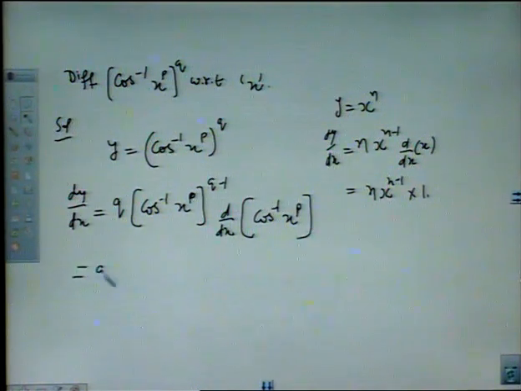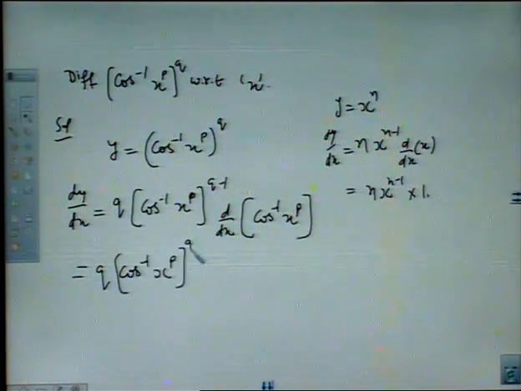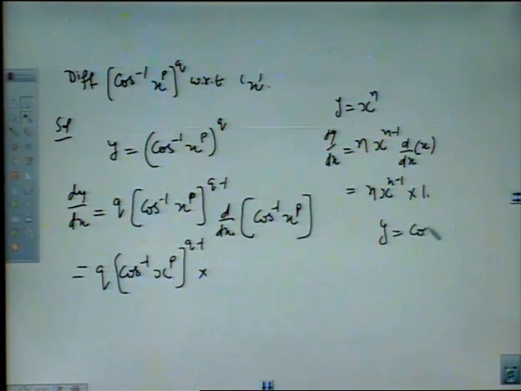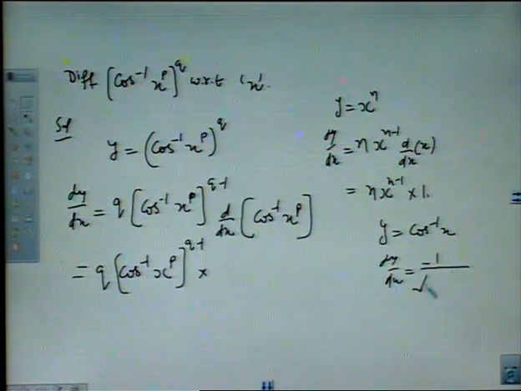Now it will be equal to q cos inverse x raised to power p, whole raised to q minus 1, and we know that y equal to cos inverse x and derivative of this is minus 1 upon under the root 1 minus x square, and derivative of x is 1.